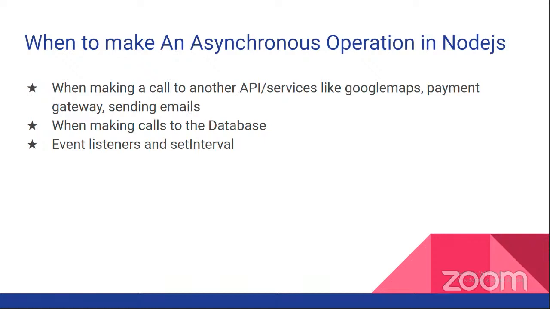Is it successful? You don't just add, then call the next operation. You have to wait and check whether it is a success. If it's a success, it should return something. If it's a failure, you should notify your user that there is a problem adding something to your database. So all database operations involve async.